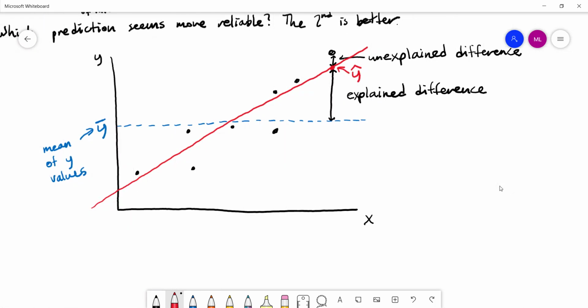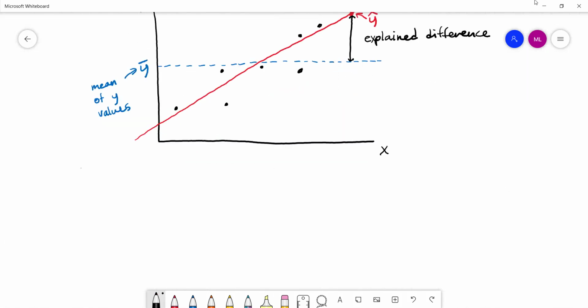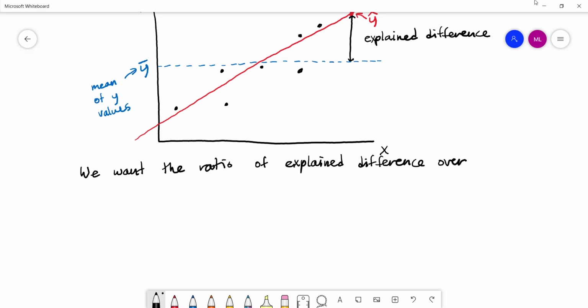Really, we want the following ratio: the explained difference over the unexplained difference to be as large as possible.